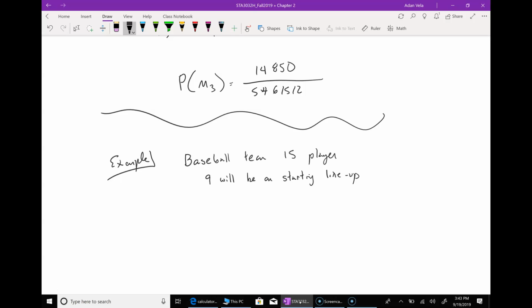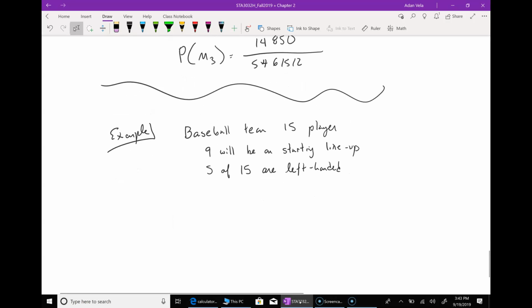Of the 15, we'll say 5 of them are left-handed, which I actually think is kind of high. Anybody know the pervasiveness of left-handedness? 10%? Yeah. Well, this is actually a lefty-dominant team. So there's the basic info.